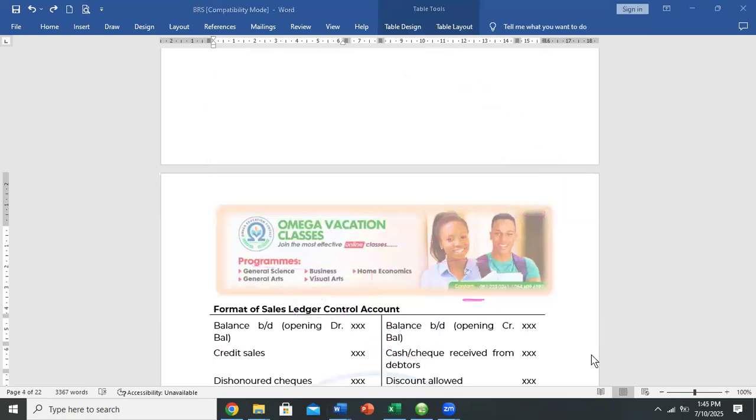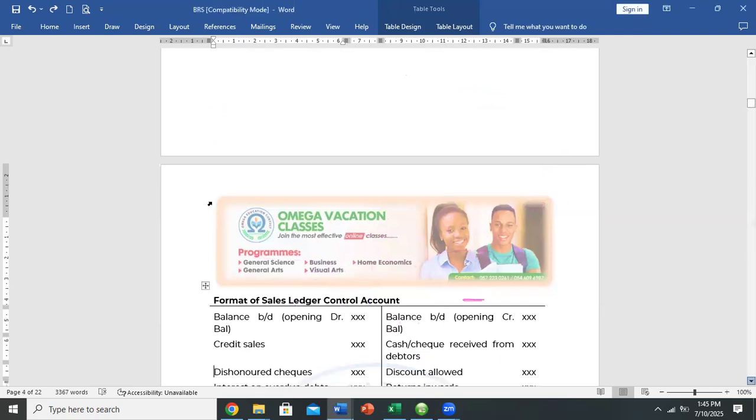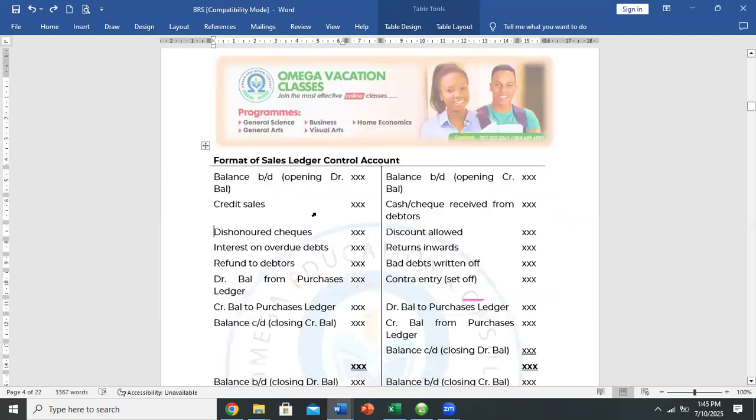So as we have already discussed, this is the format of the sales ledger, and you see that all the items that would increase the debtors balance are being debited here, right? Credit sales, the dishonored check, interest, refund in there. And at the credit side, you have the cash or check received, discount allowed, returns, bad debts written off, and the contra entry. I would explain the transfers or the balances that are being transferred here.